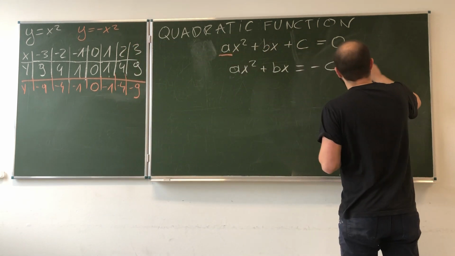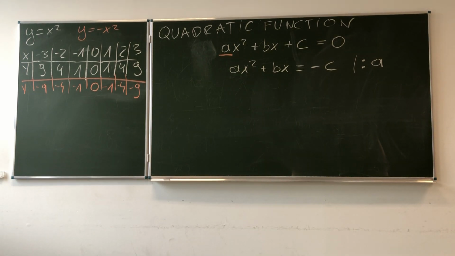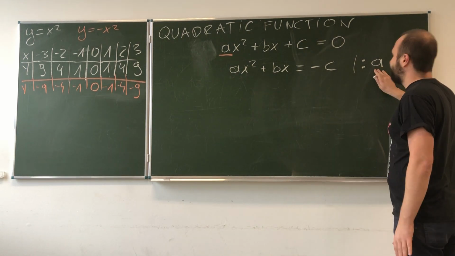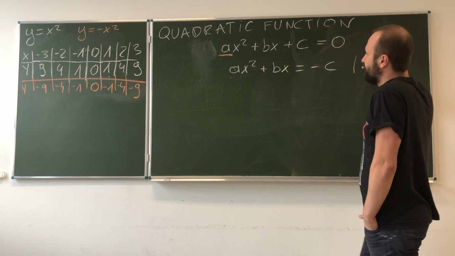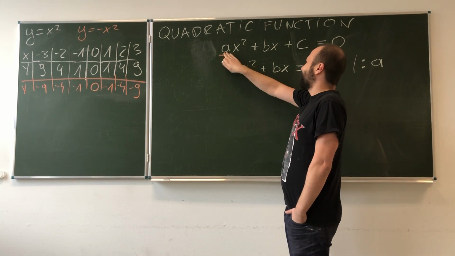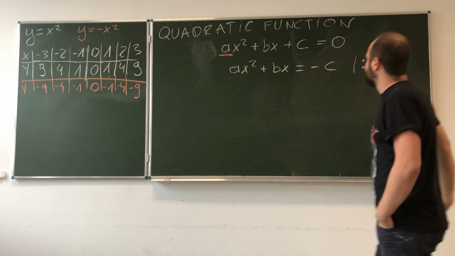So now, I'm simply dividing both sides of this equation by A. For these purposes, we of course assume that A is different than 0. And it makes perfect sense, because if A is 0, we would end up with just a linear function, right?